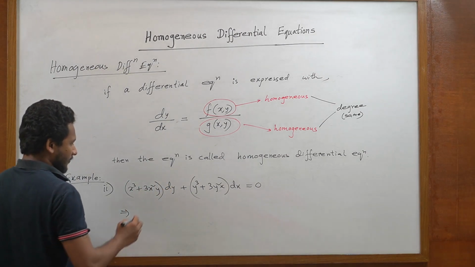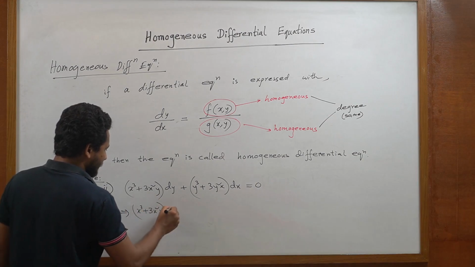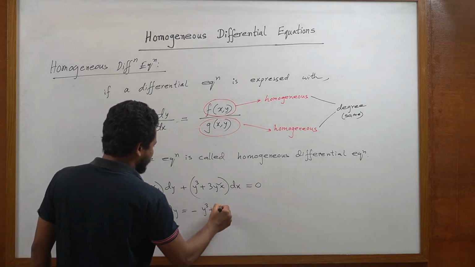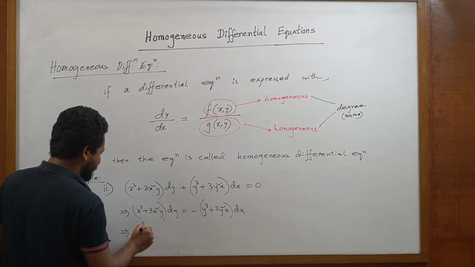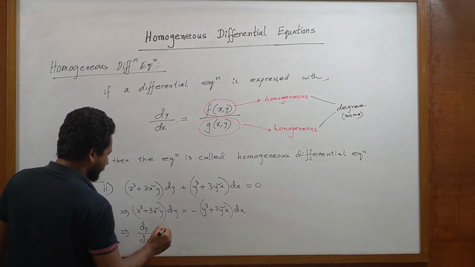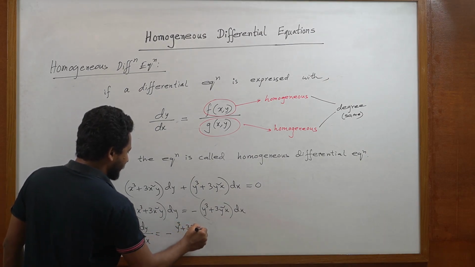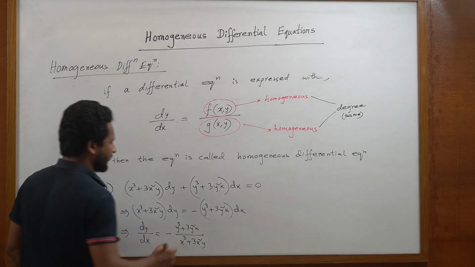So we get x cube plus 3x square y dy equals minus y cube plus 3y square x dx. So dy/dx should be minus y cube plus 3y square x over x cube plus 3x square y.